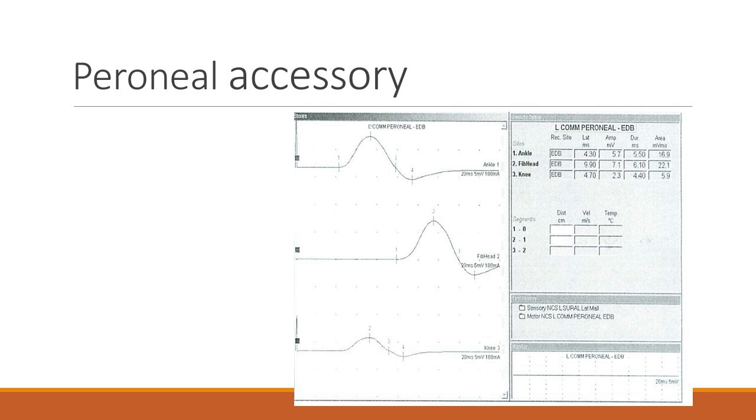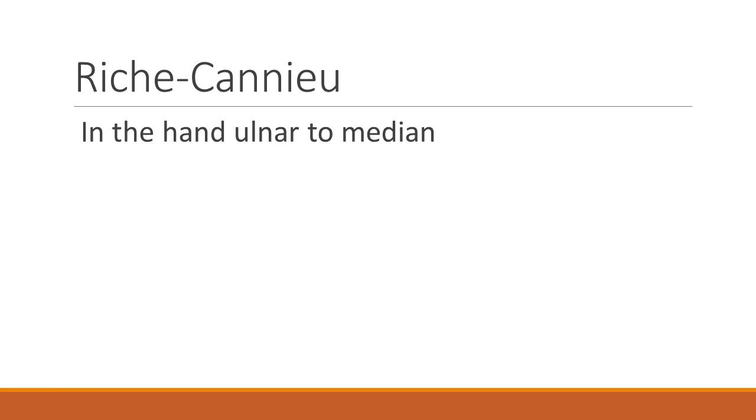So that one makes lots of sense. Sometimes with your Martin-Gruber, it looks like if you add them together, you have a conduction block, but you don't. There's also one in the hand. It's ulnar to median. It's just Riche-Cannieu. You're not going to see this very often, but it's at least something to be aware of.